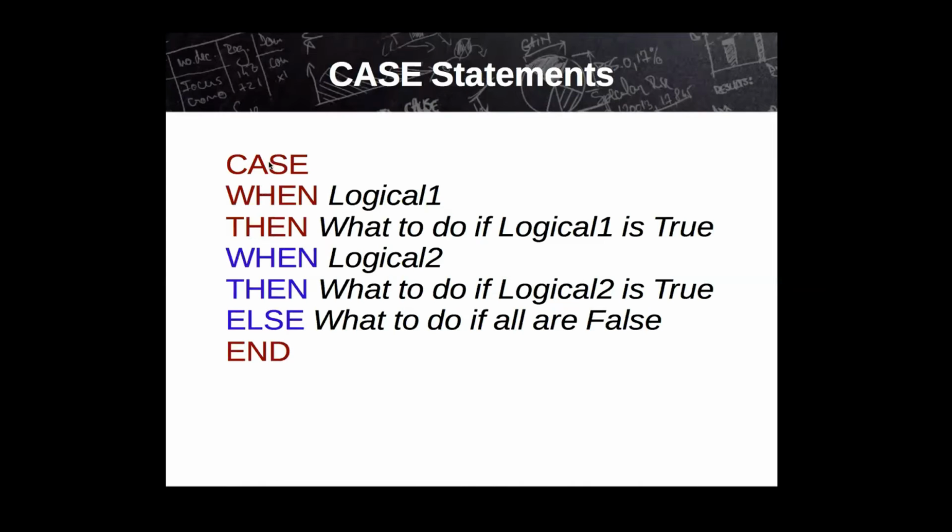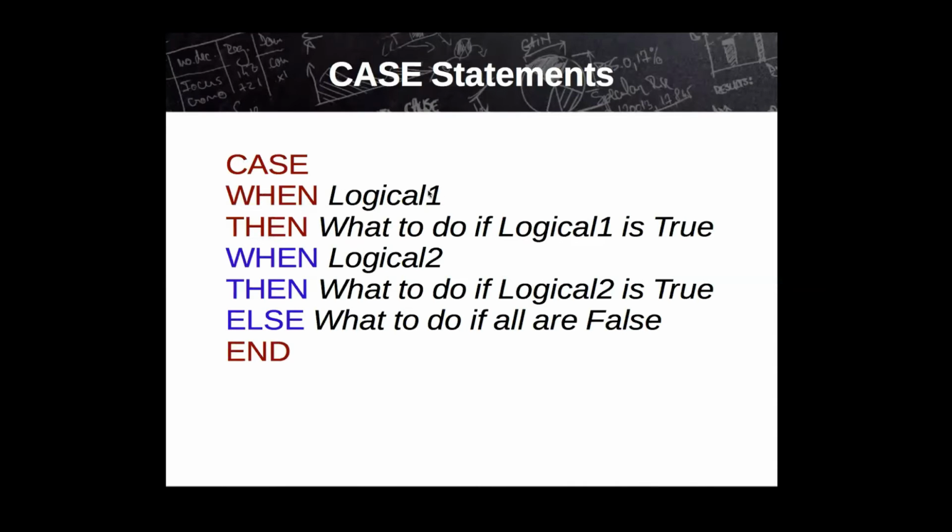So a case statement always starts with a case, it always ends with an end, and then there's at least one when, then statement. And for the when statement, in order for it to work, you have to return a logical expression. So it has to know if it's true or false.